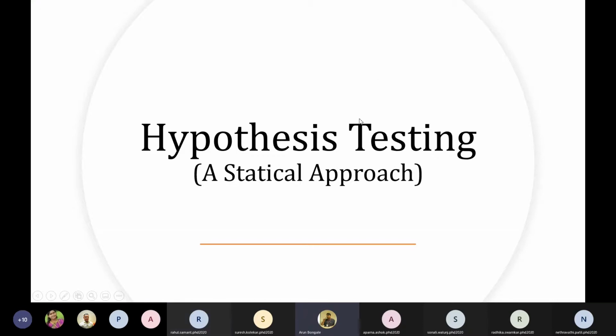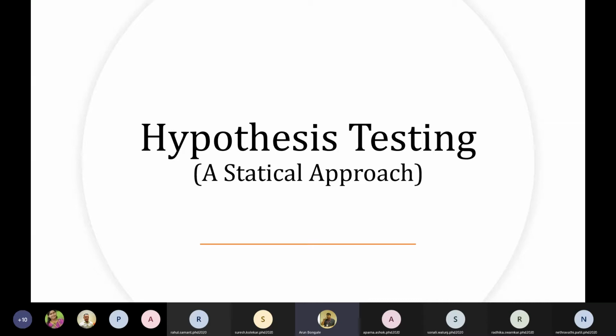So it's been almost a month since our last class. If you remember, we started with what is research, the need for research, and the objectives of research. Then we discussed the research process, how to design research in a systematic way.